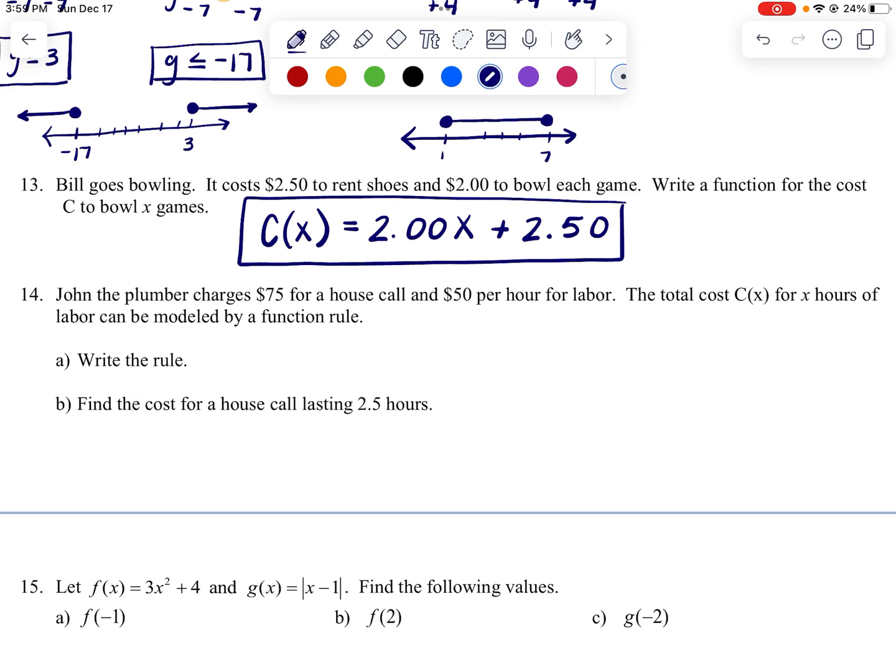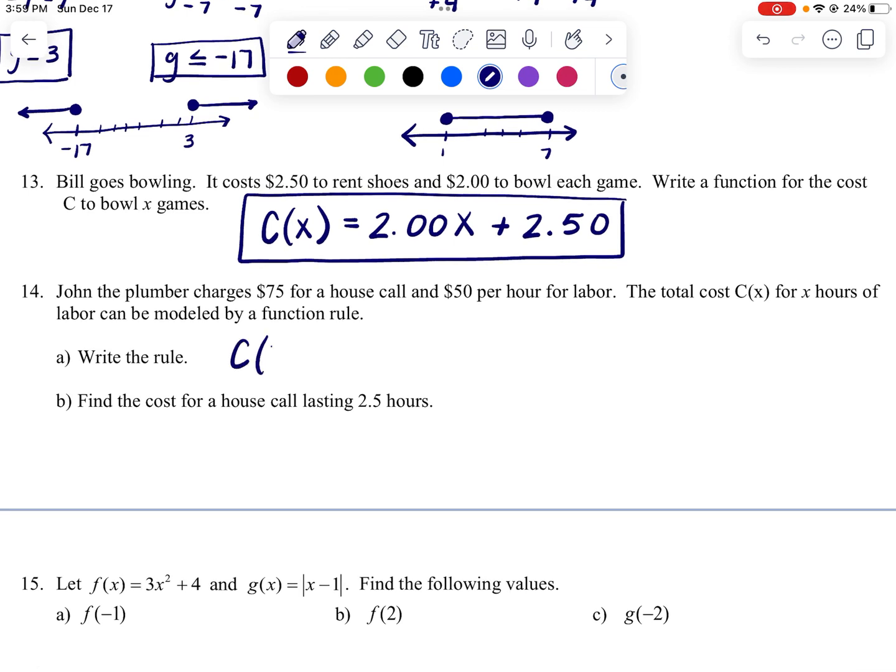The next one, John is a plumber that charges $75 for a house call and $50 per hour. So the same thing, cost of coming to the house is $50 per hour, so 50x plus a flat fee of $75 just to show up.